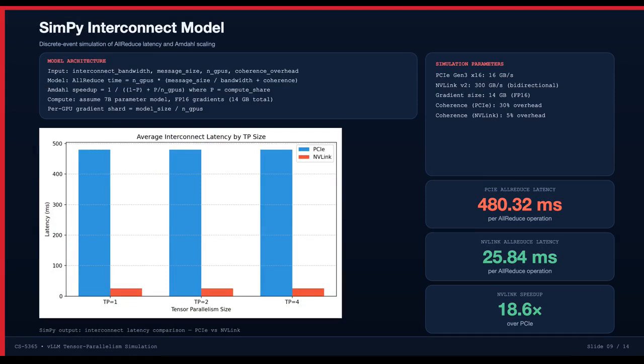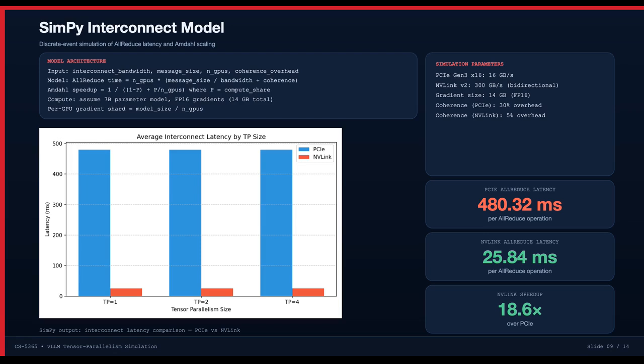So here are the results of the SymPy interconnect model, or the interconnect bottleneck demonstration. The model architecture shown on this slide defines the inputs as interconnect bandwidth, message size, number of GPUs, and coherence overhead. The all-reduce time equals the number of GPUs multiplied by the sum of message size divided by bandwidth plus coherence overhead.